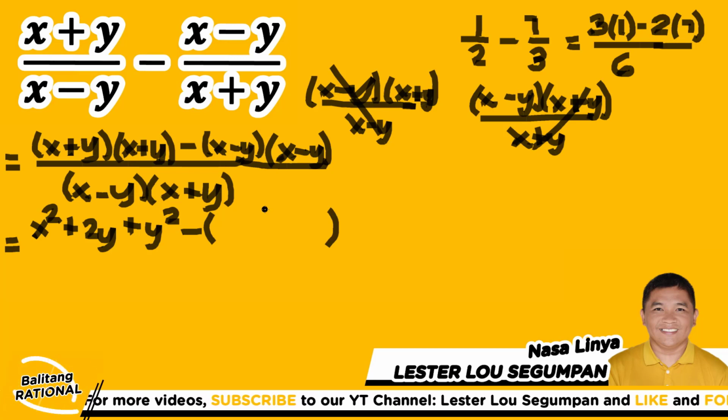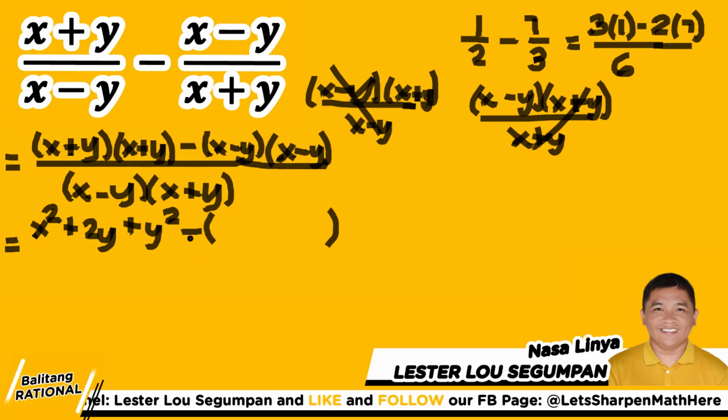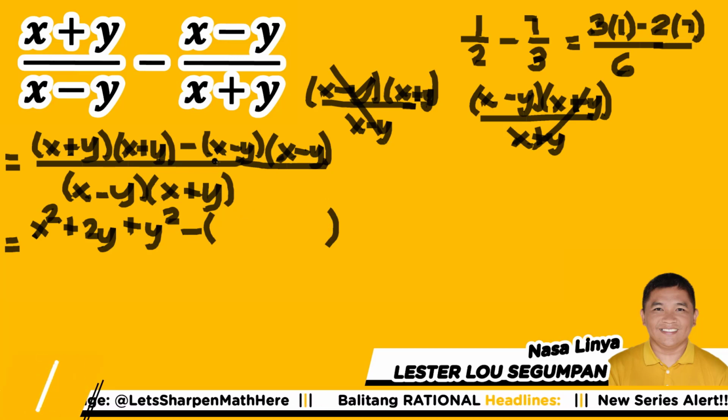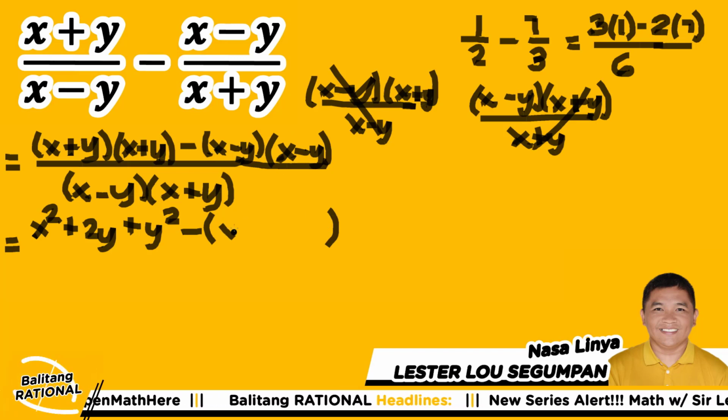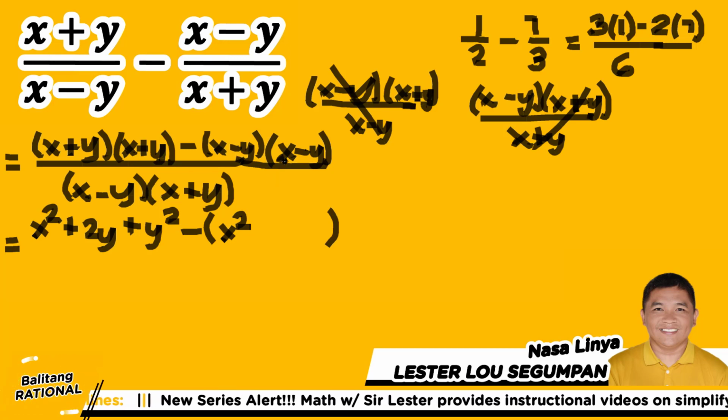Kasi nga po, yung operation before the product of the two is subtraction. And we have subtraction here. There is something to be done whenever we have to remove the grouping symbol. If you forget the parentheses, there might be some errors later. So let's do it like this. Again, x times x, you still have x squared here. Inner, so you have negative y times x, you have negative xy, and you also have another negative xy.